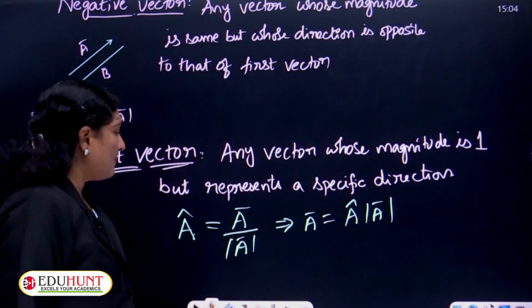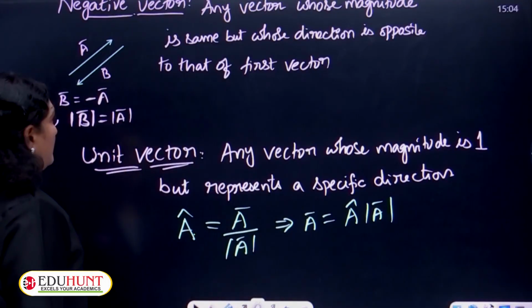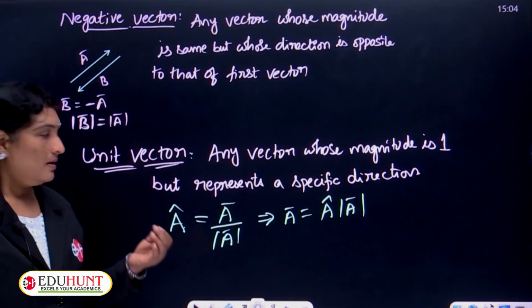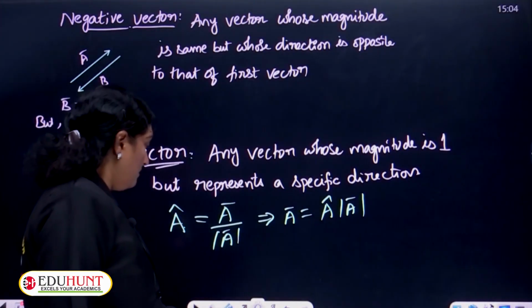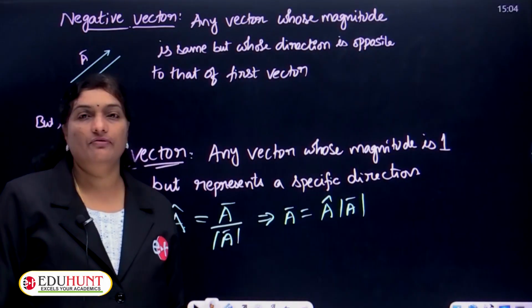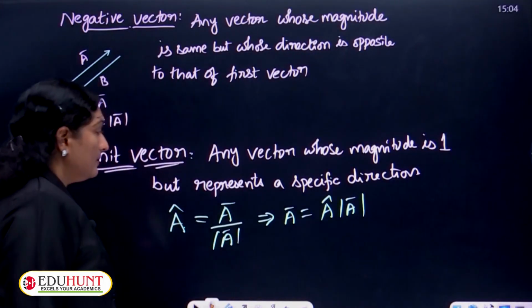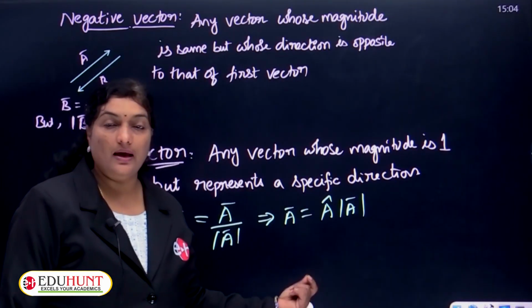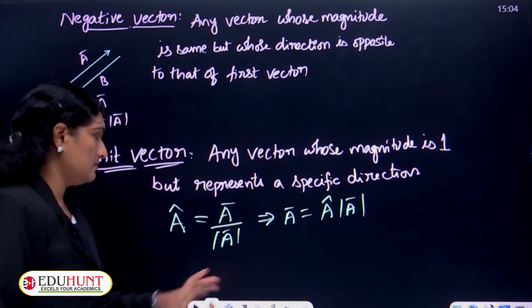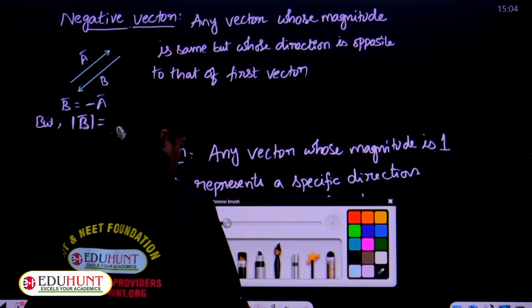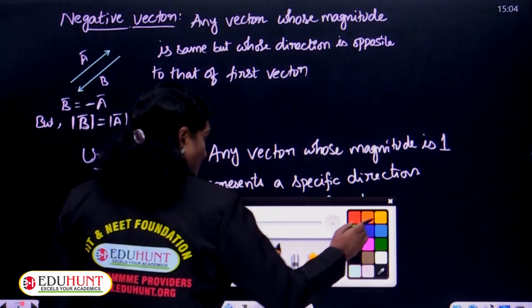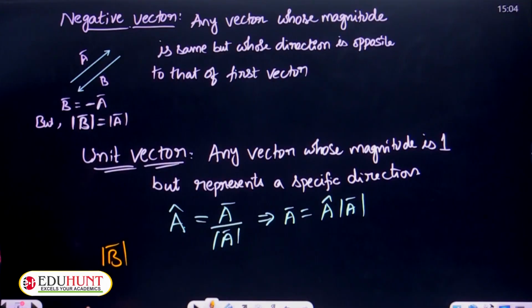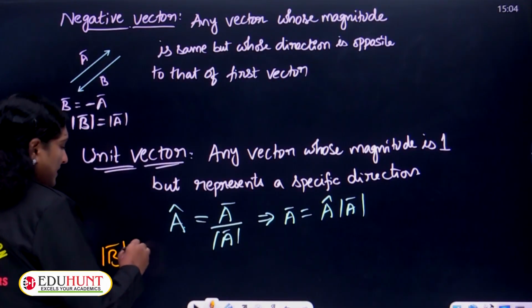Okay, children. Suppose we consider another vector, say B bar, which is lying in the direction of A cap only.